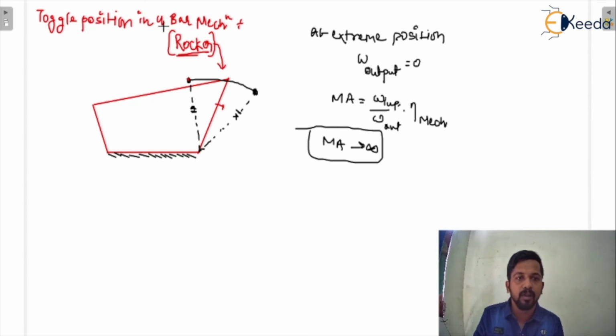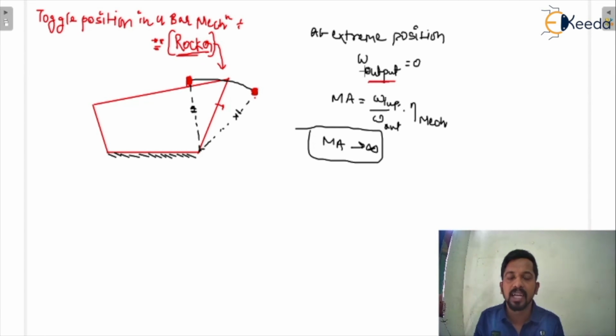We are discussing the toggle position of the 4-bar mechanism, assuming that at the output we have the rocker. If there is an oscillation at the output link, there are basically two extreme positions of the output link. At the extreme position the angular velocity becomes 0, so we can say the omega output is equal to 0 at the extreme position only.